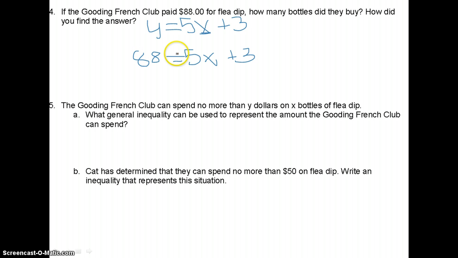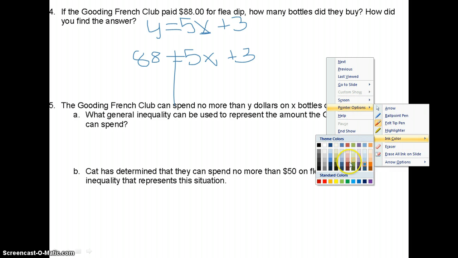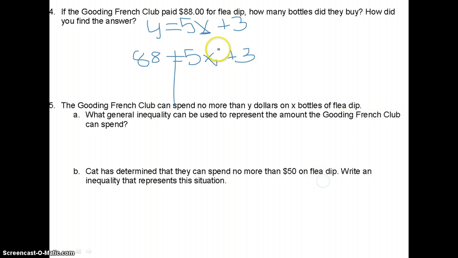So now we're going to have to solve to get x by itself. We're going to draw our river, and then we're just going to solve. First, remember, cover up your variable, and what's going to move first? 3, and we're going to subtract 3. And so we have 85 equals 5x.